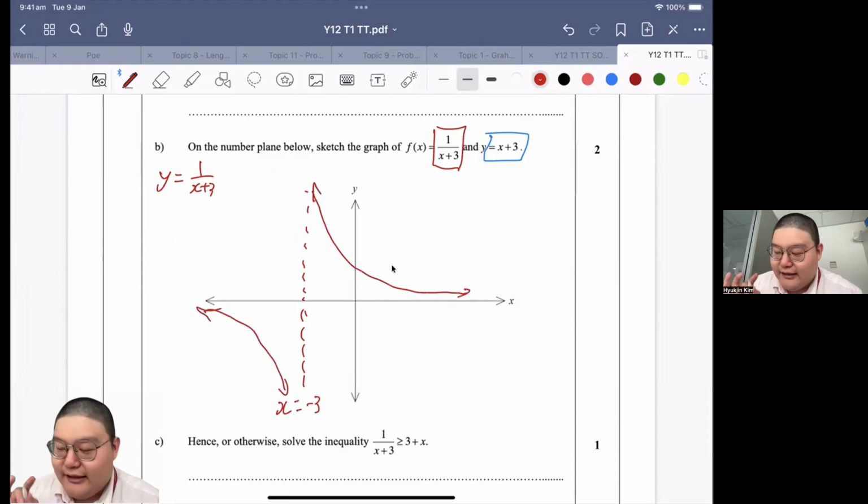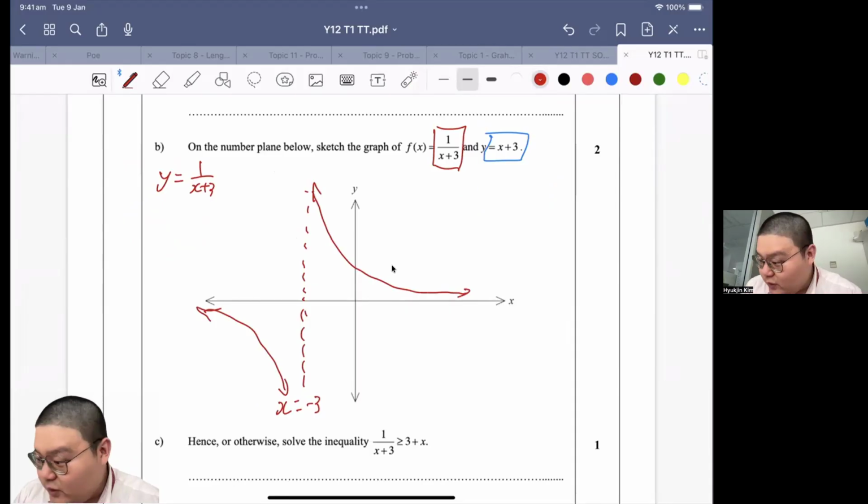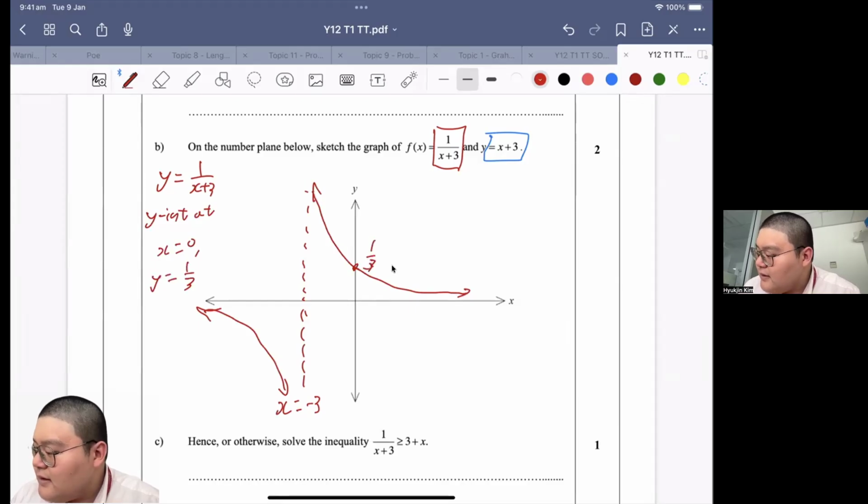Now, I need to find the y-intercept as well for this one because we can see there's a y-intercept. So we say y-intercept at x equals 0, which means y equals 1/3. Now, this one is hopefully not too bad. We have a graph that looks like this, and then boom. Whoa, not to scale. Sorry.